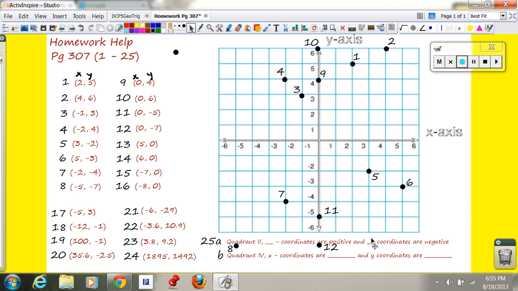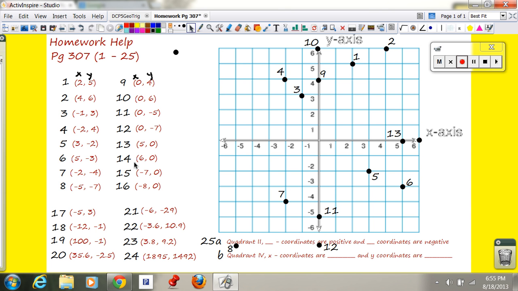Number 13 is now an x-intercept. It's got an x number and it does not have a y number. So an x number would be on the x-axis. It's over 5 and up 0. That's on the x-axis. That's number 13. Number 14 is over 6 and up 0.